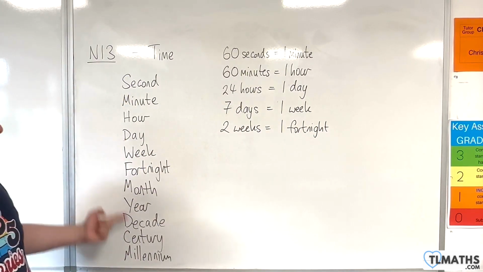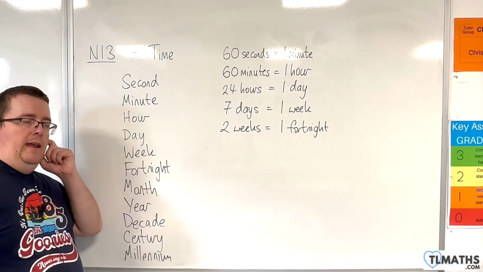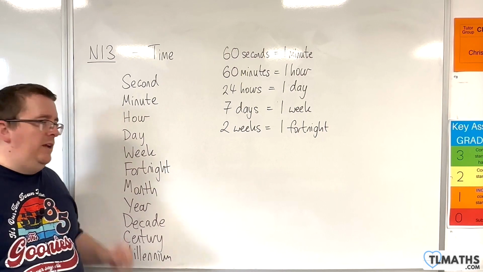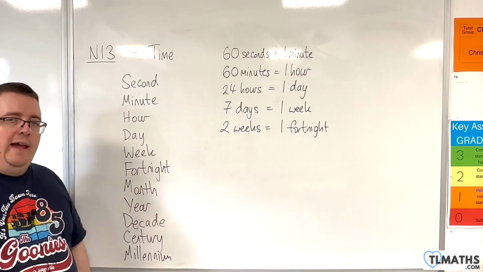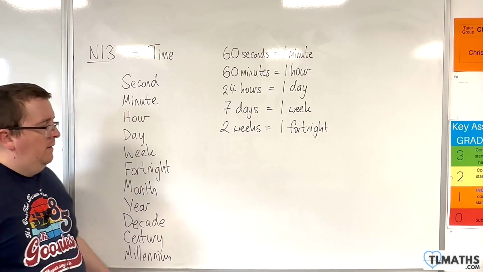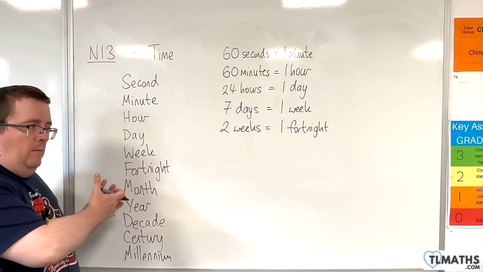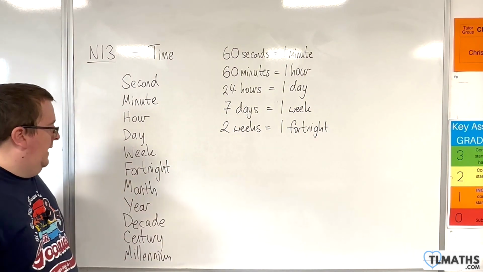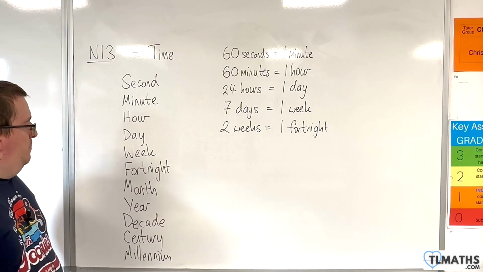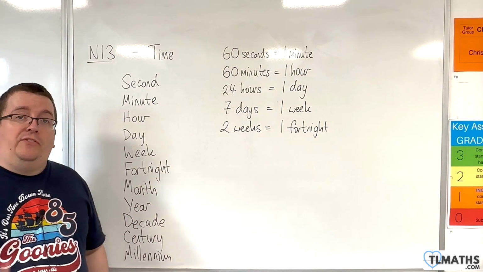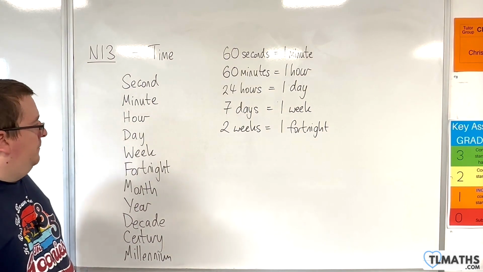Now, month, this one is a little tricky because each month that we have, there's not a uniform number of days in a month, but it is well worth knowing how many days there are in each of those months.